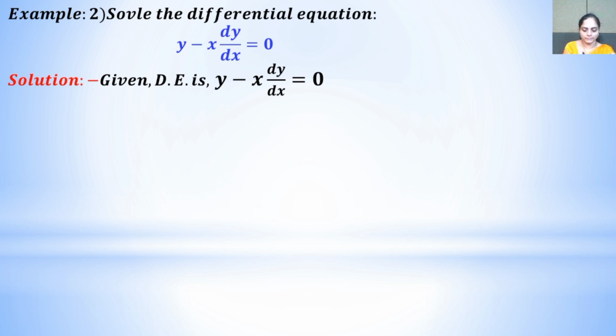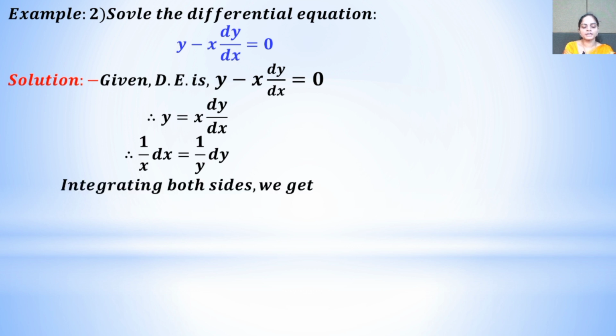So, we get y is equal to x into dy by dx. Now, to convert the given equation to variable separable form, we take the terms of x on LHS and the terms of y on RHS. Therefore, 1 upon x into dx is equal to 1 upon y into dy, which is our variable separable form.